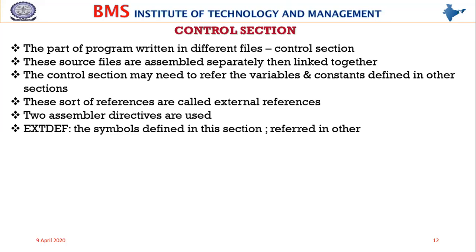But if it is defined here and referred to in some other control section, that should be marked as EXTDEF. This is an indication not to your assembler but to your linker that this is a variable or constant defined in this file but will be used by someone else. So its address should be made available across the control sections.